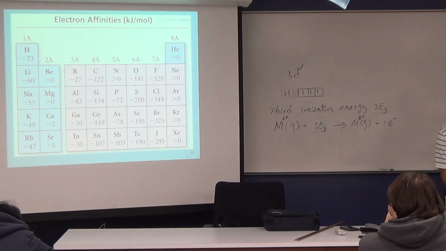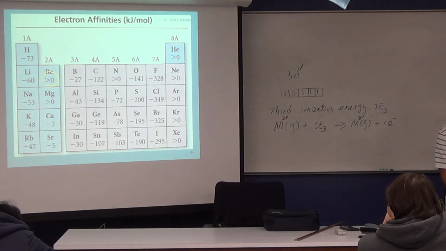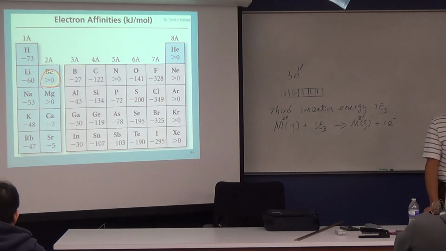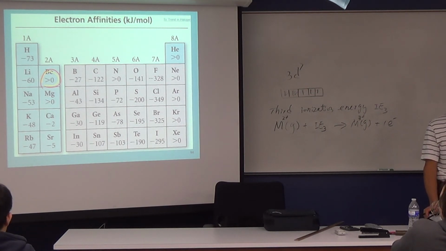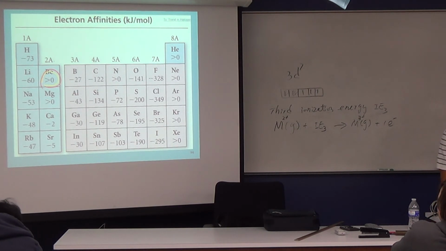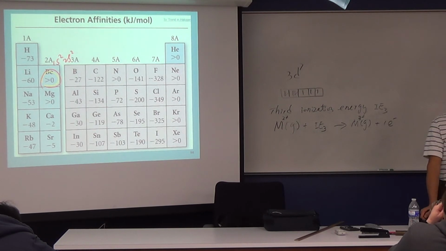There's one exception here. Why is that? It's the same as what we talked about before, the electron configuration. Beryllium already has 1s2, 2s2, so that is stable. Adding an electron makes it not stable.